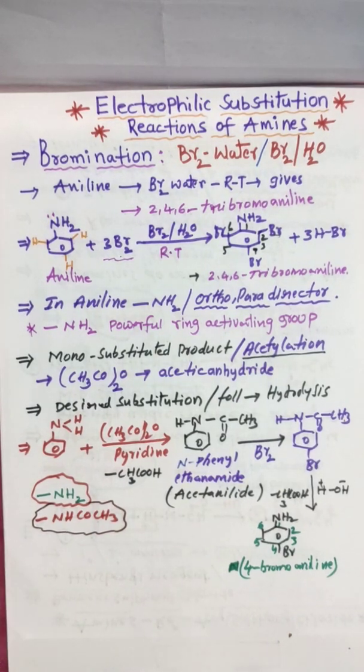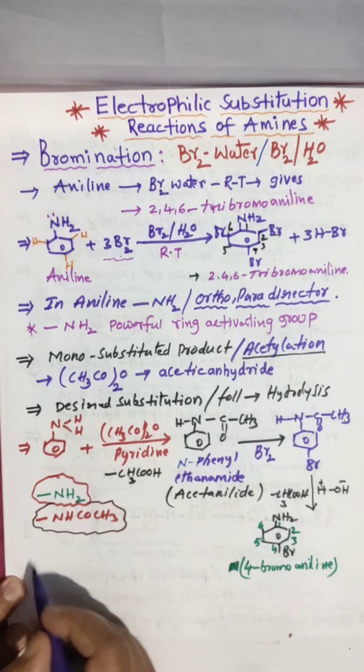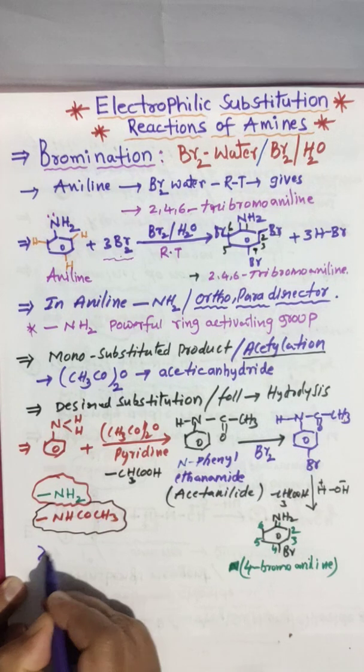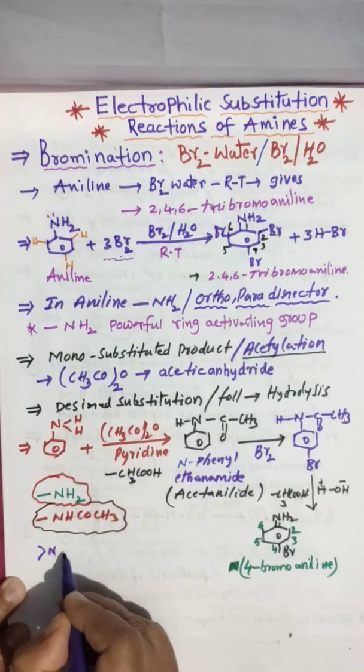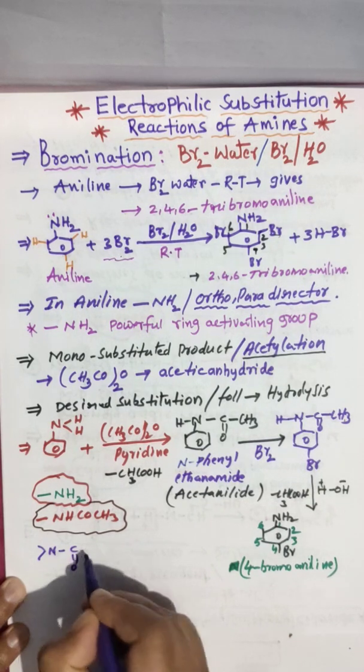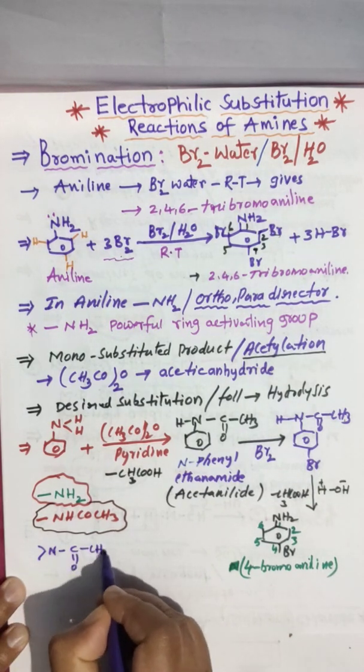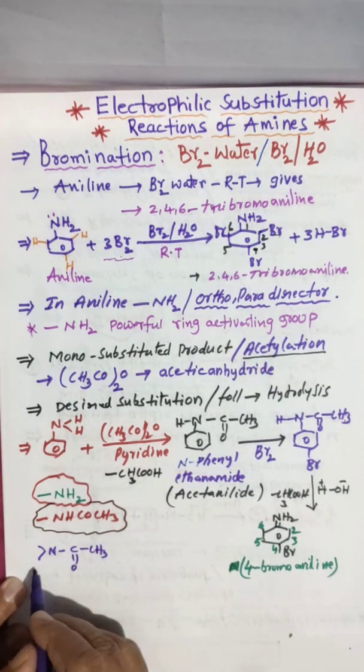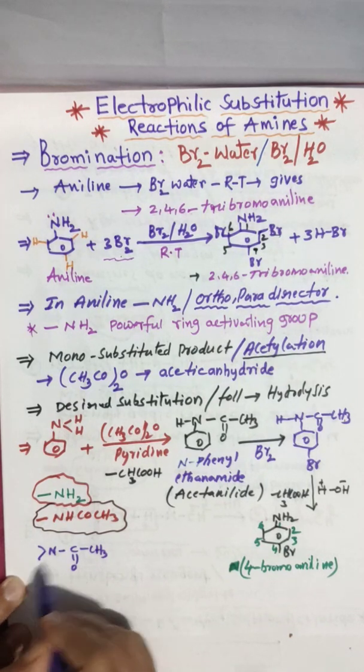Why? Look here, I will show that in detail. I am drawing this group: N, bond C double bond O CH3. This is NH.